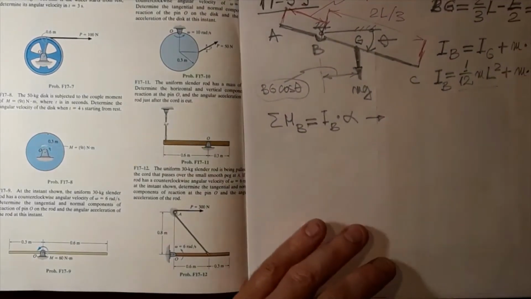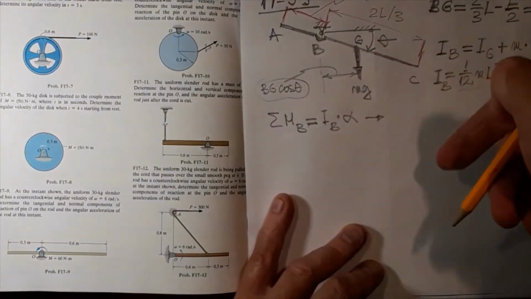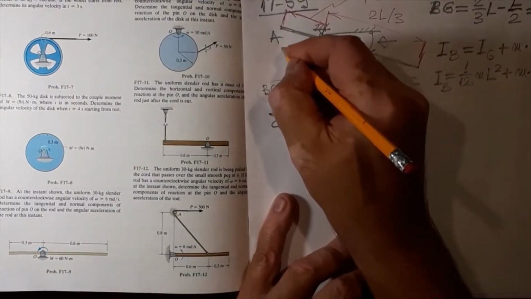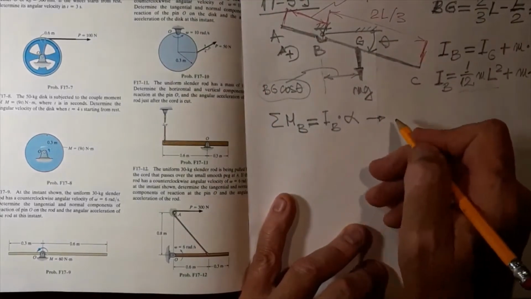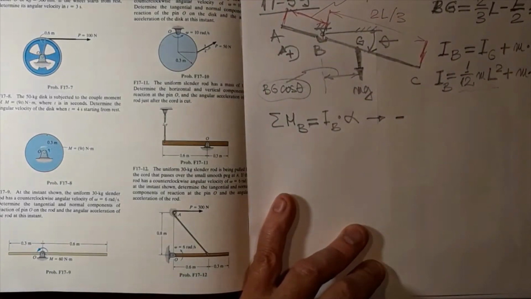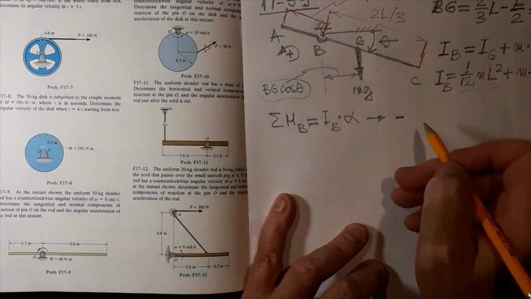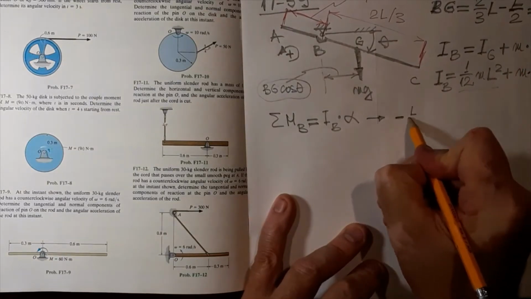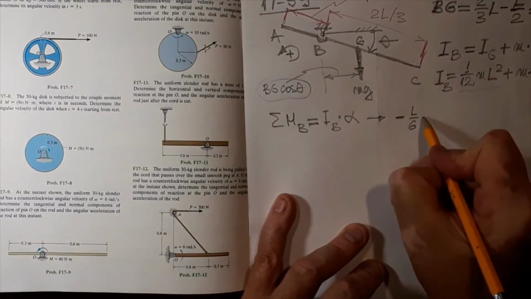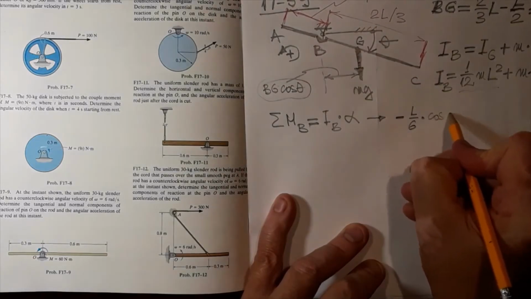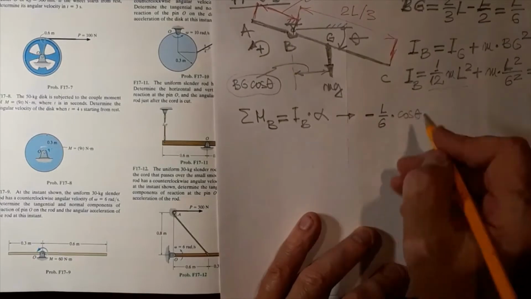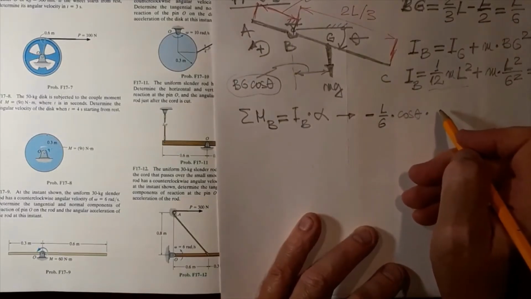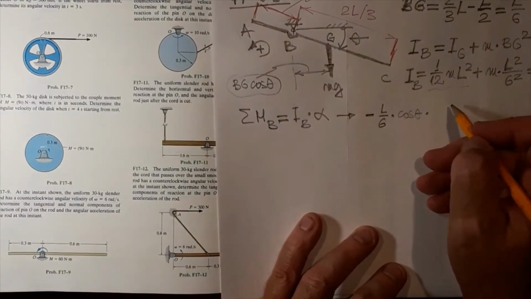We're considering positive counterclockwise for moments, so we have negative BG, which was L/6, times cosine theta. So the arm of the force times the force itself, that's mg.